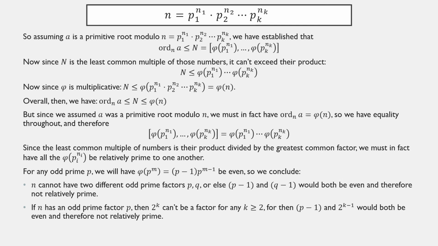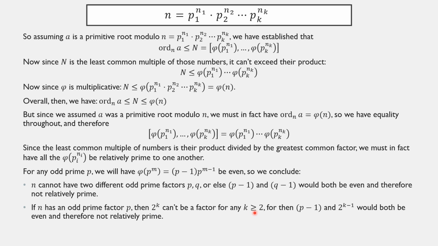On the other hand, what if n has a single odd prime factor p? Well then, I end up with a p minus 1 in one of my totient function values. But then 2 to the k can't be a factor for any larger power of 2, because remember, phi of 2 to the k is 2 to the k minus 1.